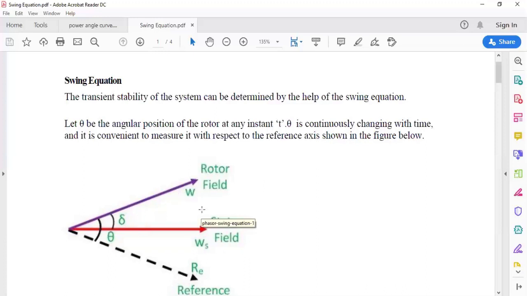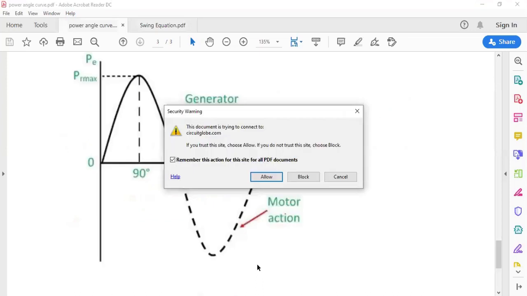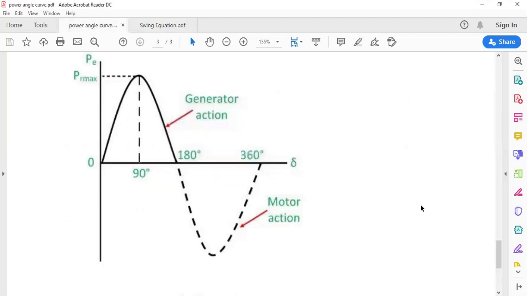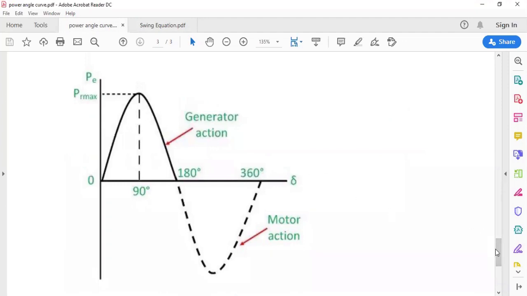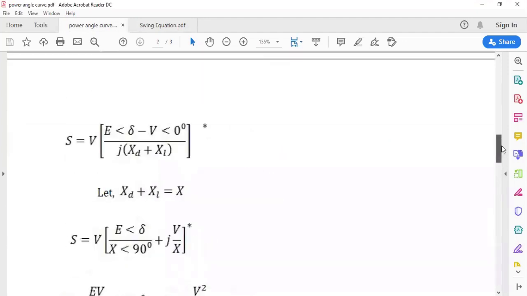So for knowing these things, we should recall our previous class, this one. This is the power angle curve. We have discussed the power angle curve in the previous class.